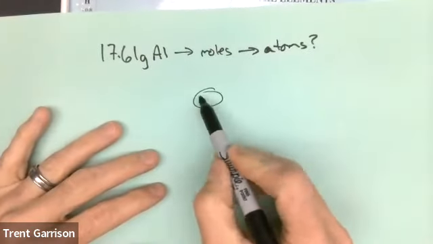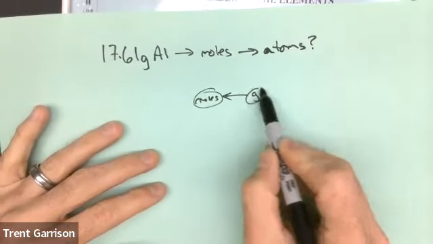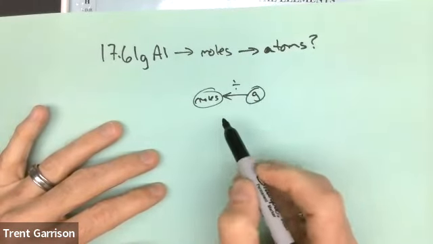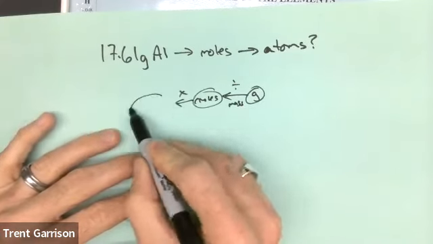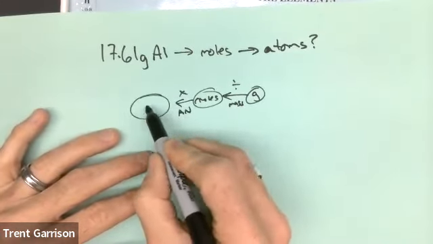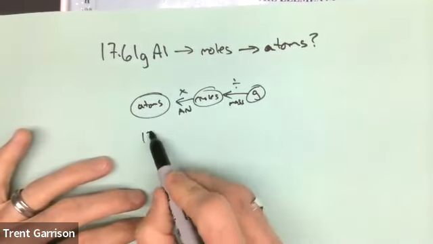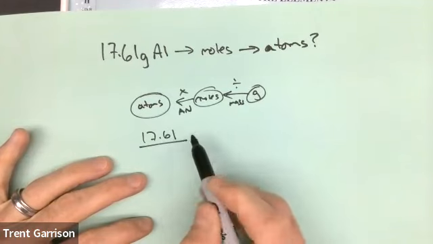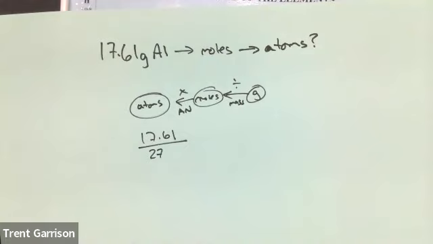In the mole map, to go from grams to moles, we divide by the mass off the periodic table, and then we multiply by Avogadro's number to turn it into atoms. So here we go. I've got 17.61 divided by the weight off the periodic table, which is 26.98.